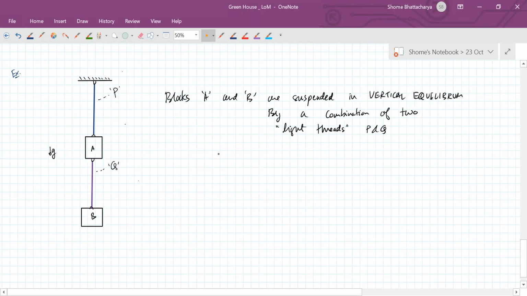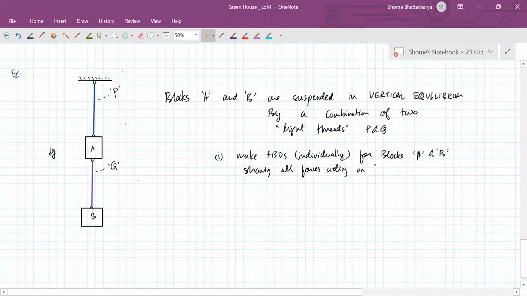Okay, so first of all, make the individual free body diagrams for the two blocks, showing all forces acting on them.